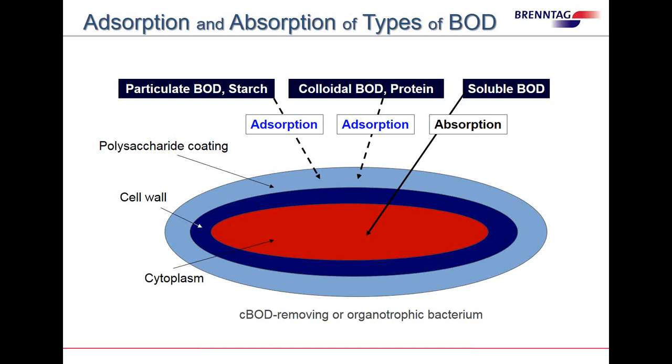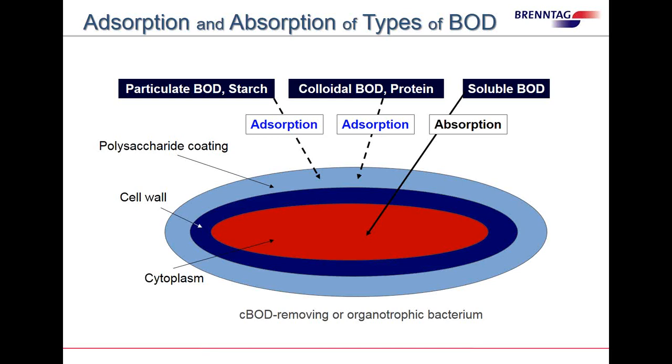In this particular illustration, we're going to talk about adsorption and absorption of types of BOD. I said before, years ago we used to do what was called a total BOD. Now we do a CBOD. As you see, particulate BOD on the top is like starches, things like flour, with a lot of starch in it.